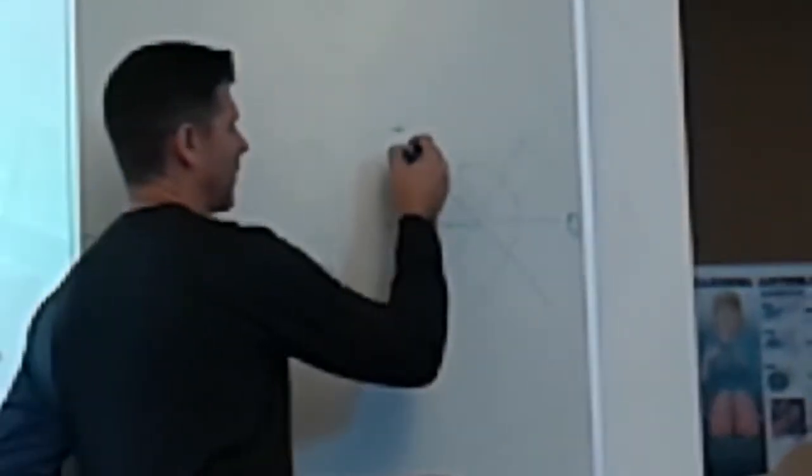My lead 2, with my negative still over here, but putting the positive down here and the ground up here for my lead 2. My lead 2 is actually taking this picture of the heart.